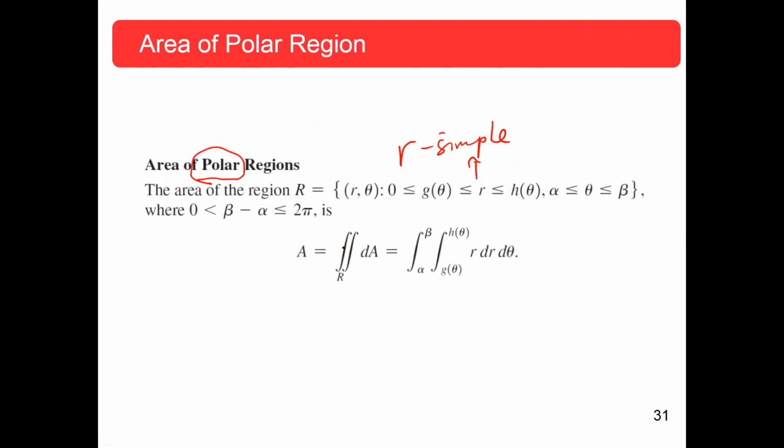Then the area equals the double integral of 1 dA, where dA is r dr d theta, and your radius r has two boundaries and theta has two boundaries. So in short, we just need to make the integrand 1 and convert dA to r dr d theta as we have seen before.